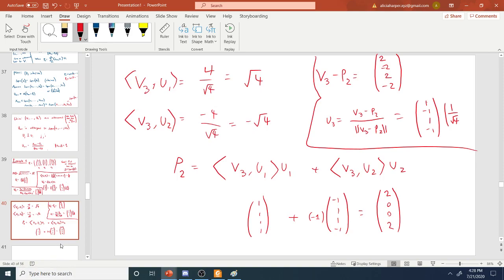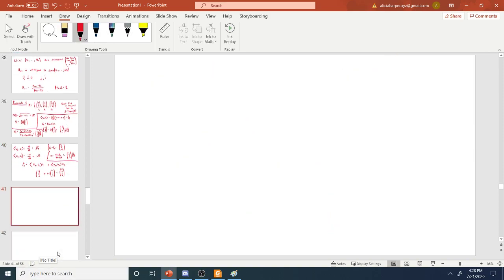And so I have completed my example and I have found an orthonormal basis.